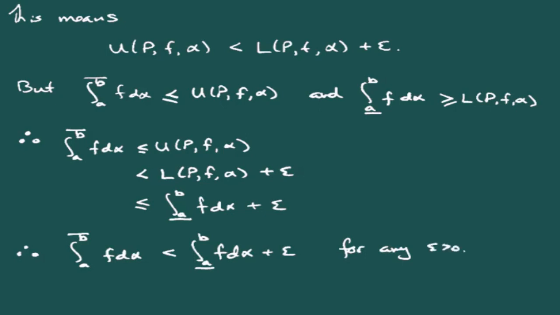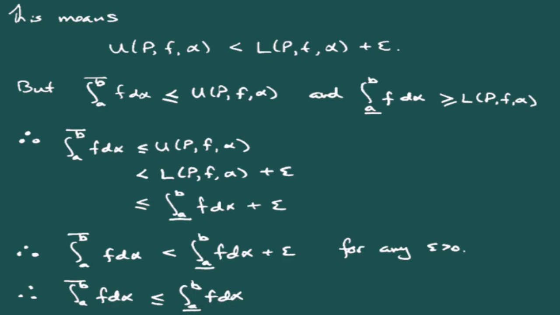So our upper Riemann Stieltjes integral is less than our lower Riemann Stieltjes integral plus epsilon for any arbitrary epsilon. And so that means it's going to hold in general that our integral from a to b, our upper Riemann Stieltjes integral, is going to be less than or equal to our lower Riemann Stieltjes integral.